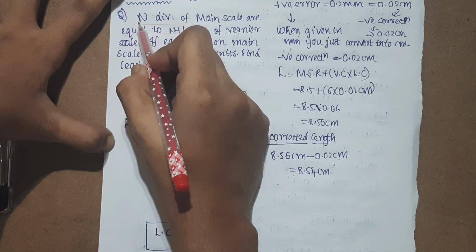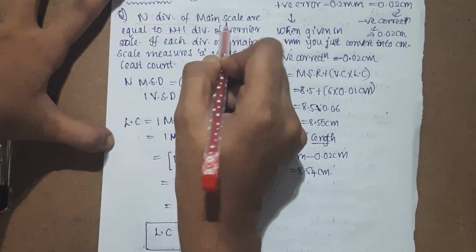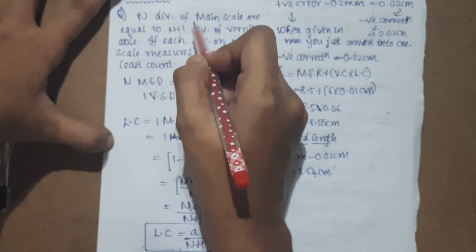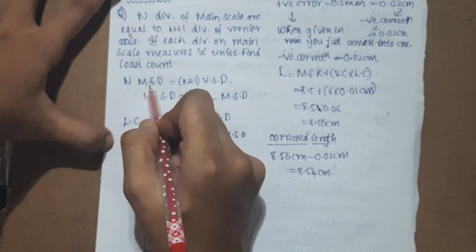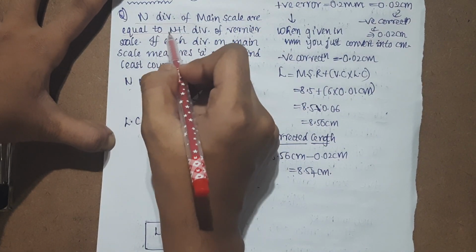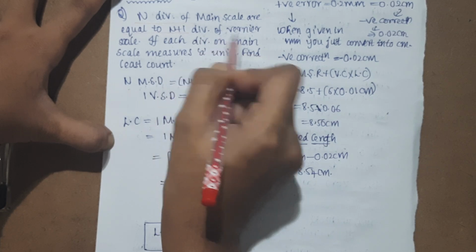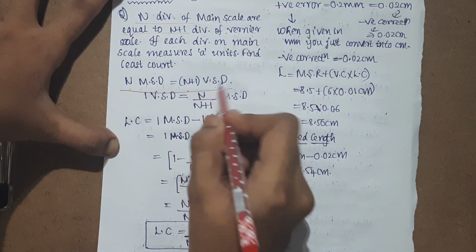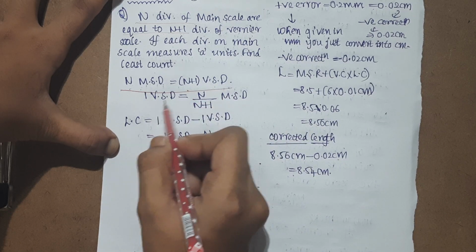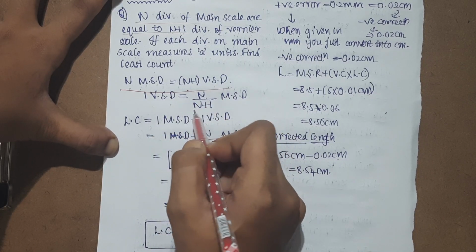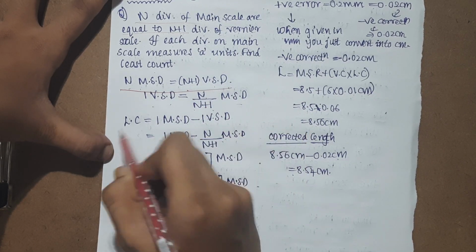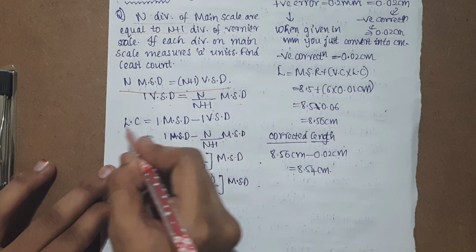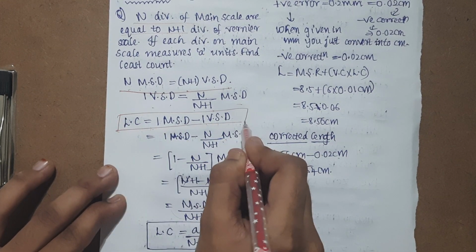It means n main scale divisions, n MSD, is equal to n plus 1 Vernier scale divisions. N MSD is equal to n plus 1 VSD. Now 1 VSD is equal to n by n plus 1 MSD. We know that least count is equal to 1 main scale division minus 1 Vernier scale division.